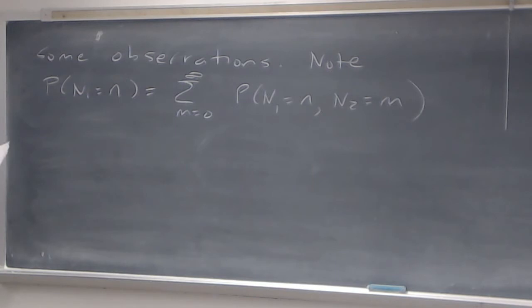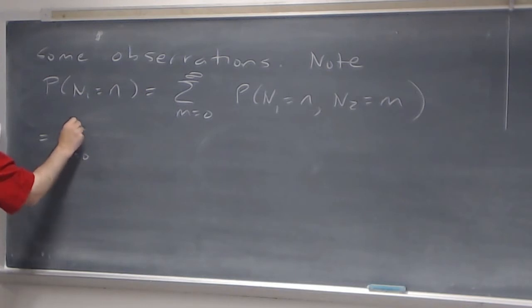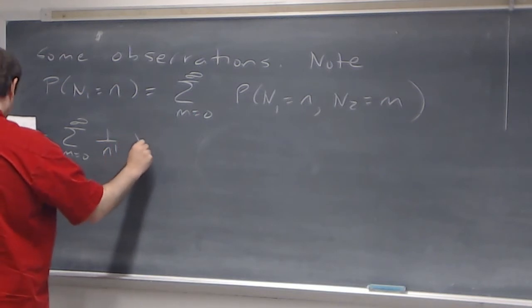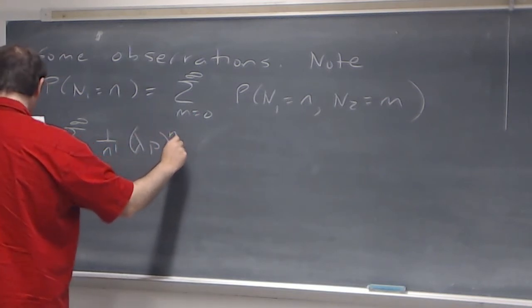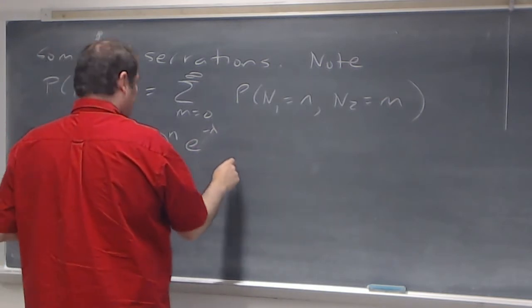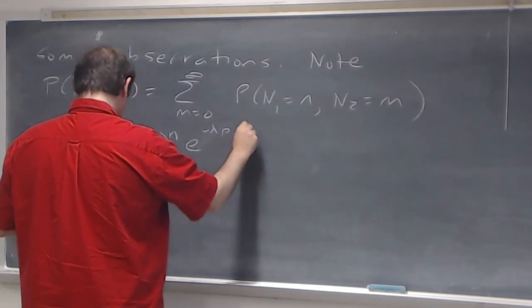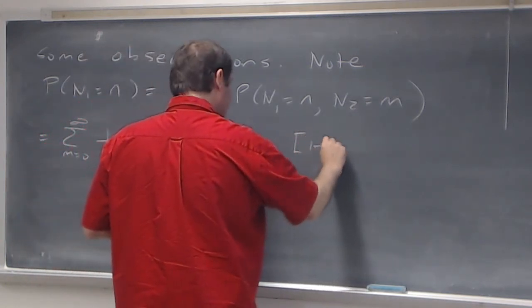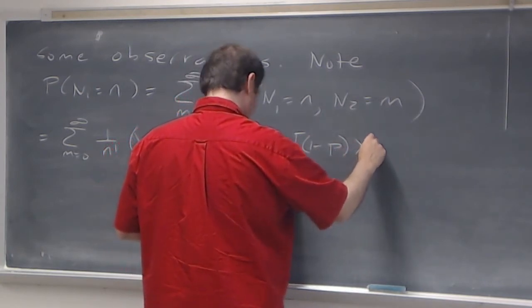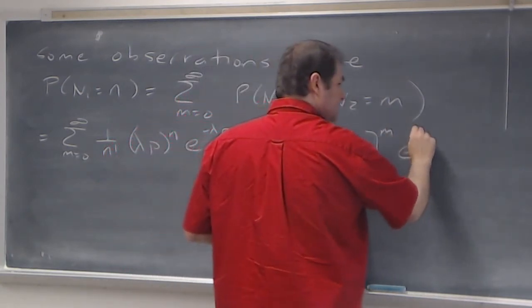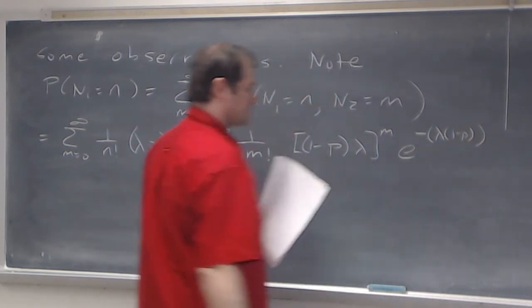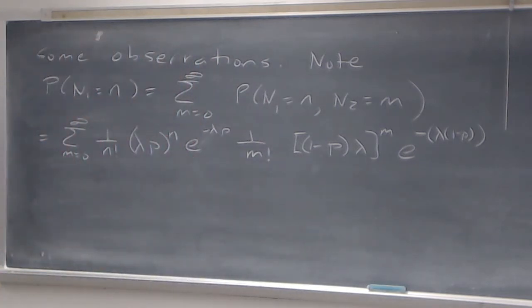That's equal to the sum, as m runs from 0 to infinity, of 1 over n factorial lambda p to the n e to the minus lambda p, times 1 over m factorial times 1 minus p times lambda raised to the m, times e to the minus quantity lambda times 1 minus p. That's from our answer for the problem.